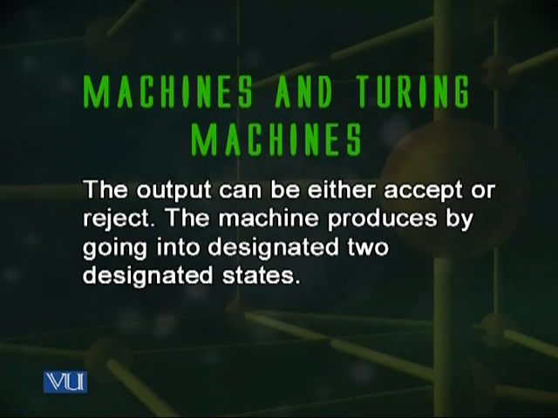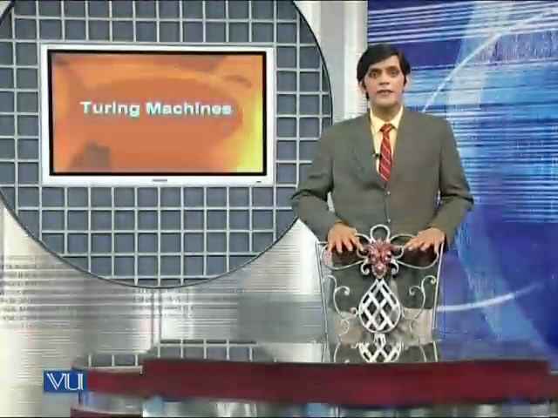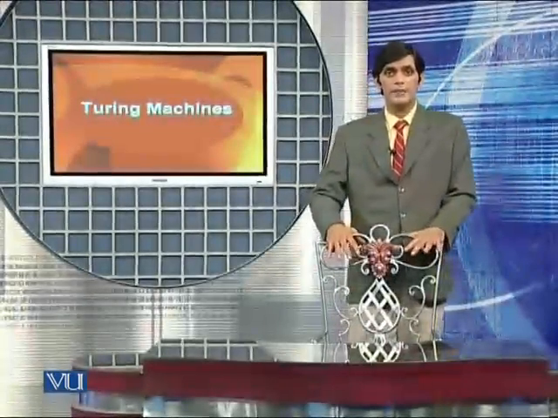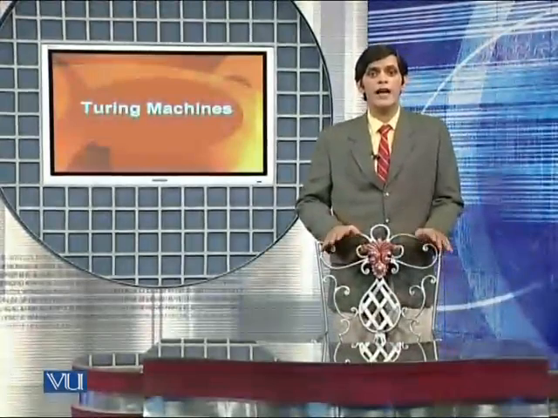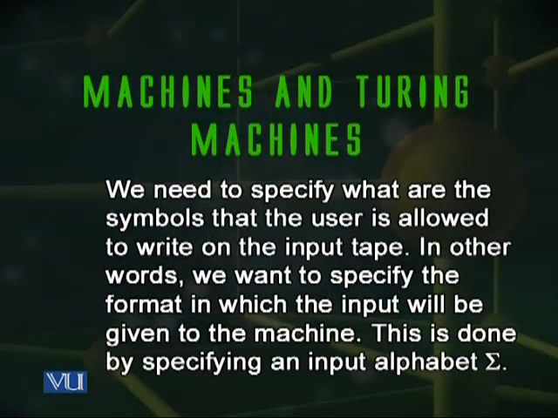Let us be a little more formal with this definition of a Turing machine. To formally specify what a Turing machine is, we have to specify 7 things in total. Namely, first of all, we have to tell what are the states of this Turing machine. The second thing to specify is the input alphabet, the alphabet which the user is allowed to use when giving an input to this Turing machine.